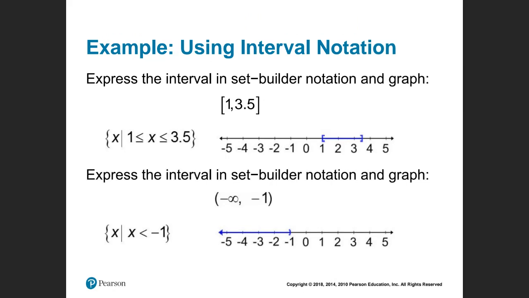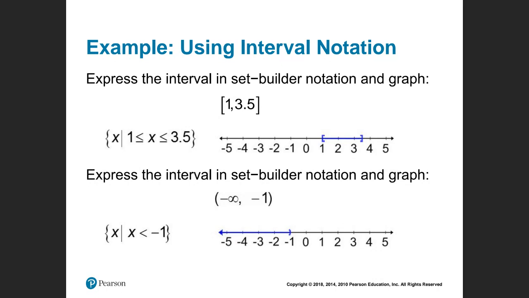Now, example. Express the interval in set builder notation and graph. Closed interval, 1 to 3.5. Okay, from 1 to 3.5.